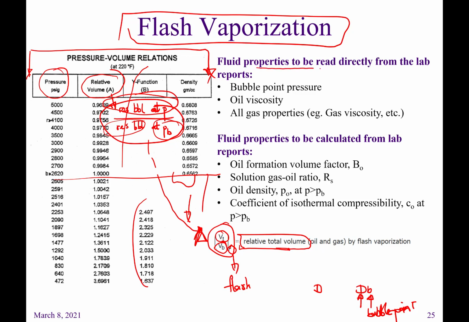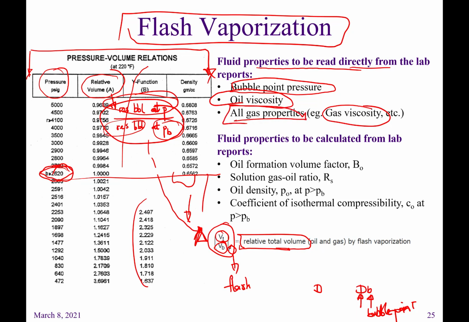So some fluid properties are simply read off from the lab reports, like bubble point pressure, which I showed earlier. And actually this is your bubble point pressure. Oil viscosity, there is a separate table that shows oil viscosity and gas viscosity. We'll talk about that shortly. So those we just read off from the data, and all the other gas properties we just read off from the data.